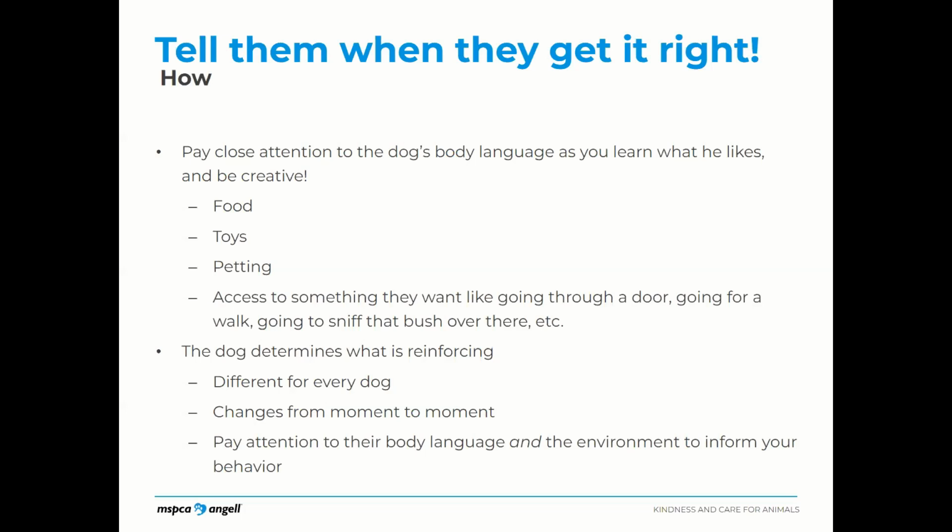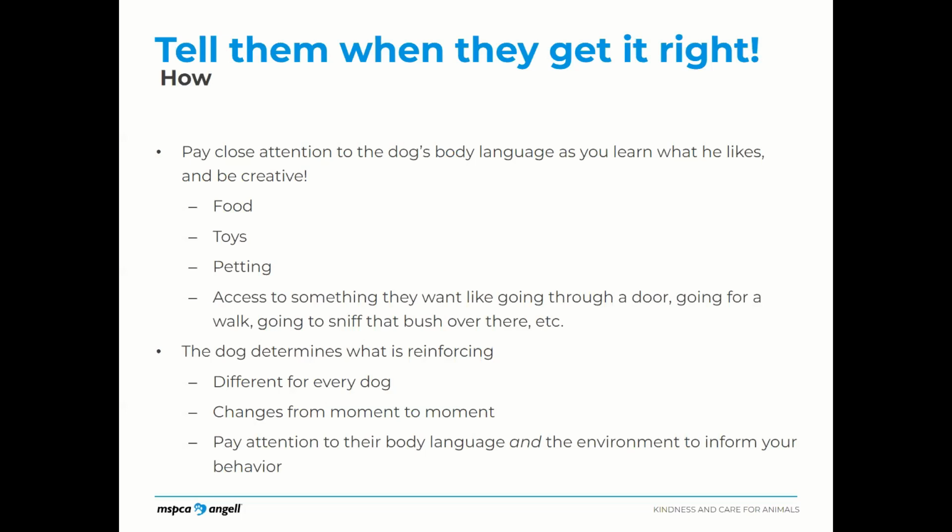So if we've spent this time learning our dog's body language and their likes and their dislikes, and we find that they really are into a certain type of squeaky toy, or they really love to be pet, or they really enjoy access to the backyard or going for a walk or sniffing that thing that's over there in front of you while you're walking, access to things around them can be really reinforcing. So we've learned that information in the decompression period, and now we're going to start really using that to build the behavior that we want.